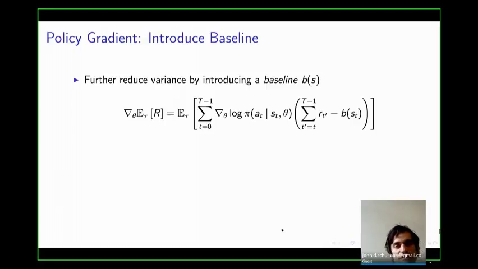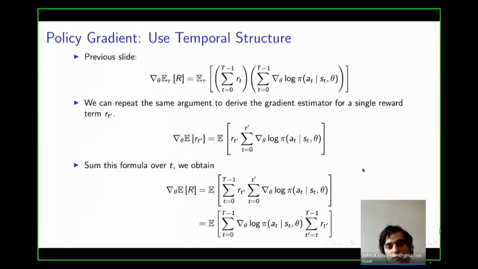The intuition behind the baseline is, in our previous formula, let's look at the last formula. We've got grad log probability of the actions times the sum of following rewards. If we make an empirical estimate of this, we're going to adjust the probability of every single action we performed in our sample trajectories to try to increase it.